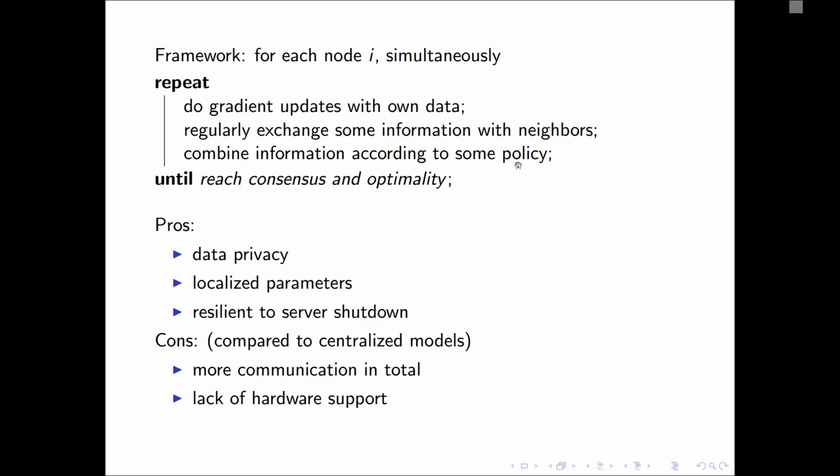There are some advantages and disadvantages of this. The pros are, first, we have perfect data privacy. This is especially the case when the nodes do not want to share the data with some server. For example, DeepMind, a Google company, has some ambition to solve the health problem with its own deep learning models.